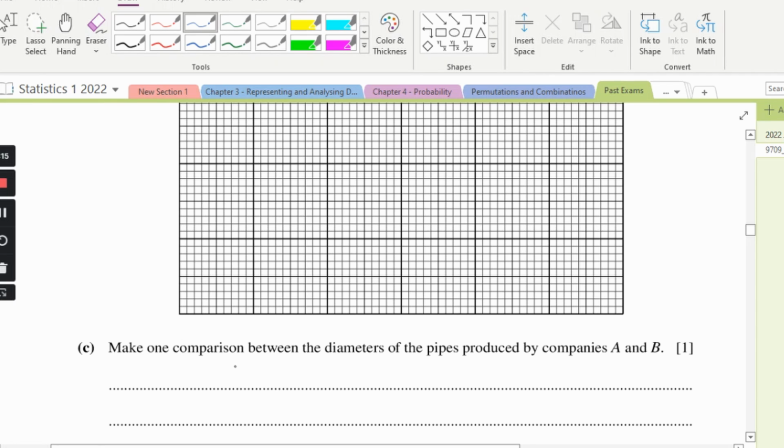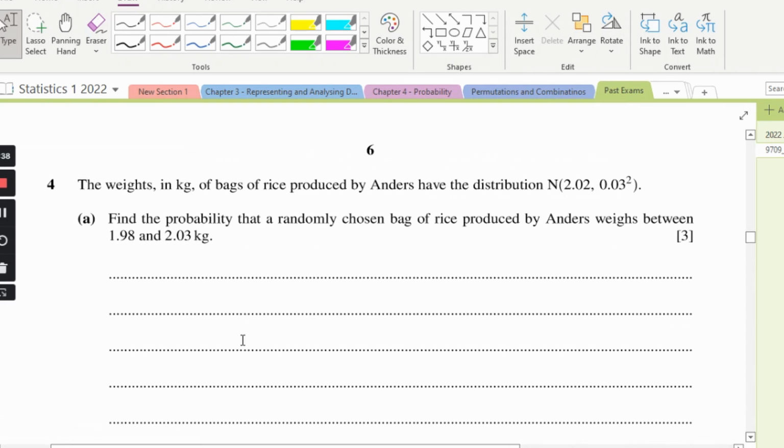So don't say A is more varied than B. You need to say the diameters of the pipes in A are more varied than those in B. So make it contextual, or the pipes in A have a larger diameter, or their diameter is more spread out. Make sure you're referring back to the question and not just saying a general statement. That's probably important. Okay, let's move on.